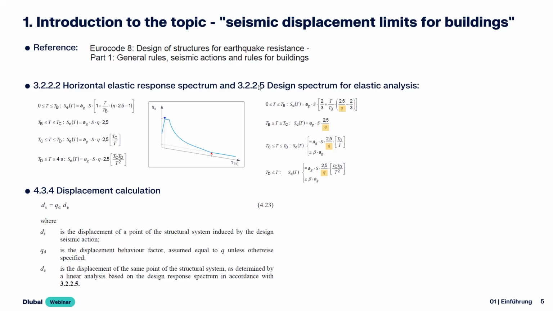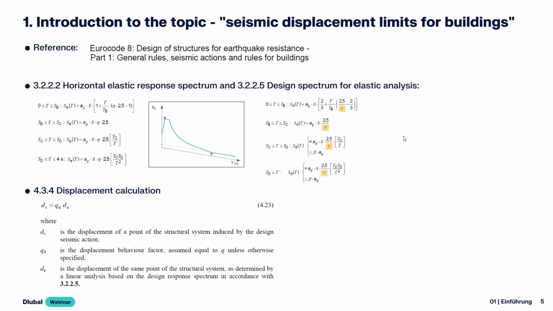So this is exactly what we just mentioned here. So this is the displacement using the design spectrum, and what this section tells us is that we have to multiply by q sub d, and this value is normally assumed equal to q. So what we make here is a multiplication of the displacement calculated based on the design spectrum.